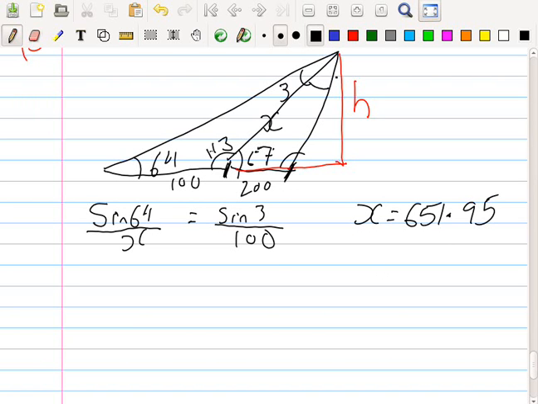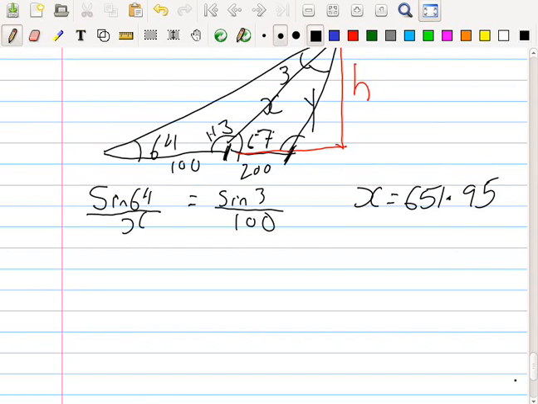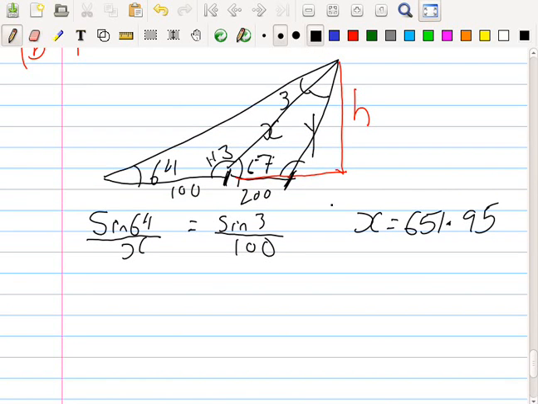Good. But I want this height. So if I look here, I know this length, I know this length, I know this angle, so I should find this one next. What rule should I use? I have two lengths and an angle.